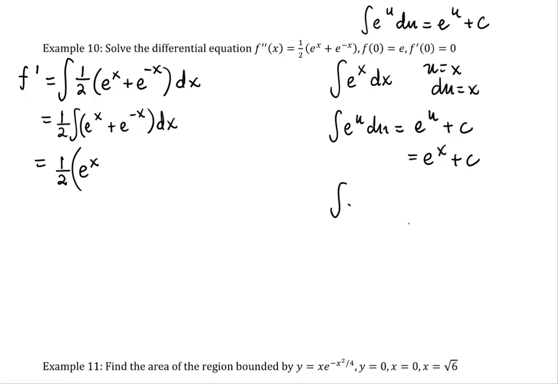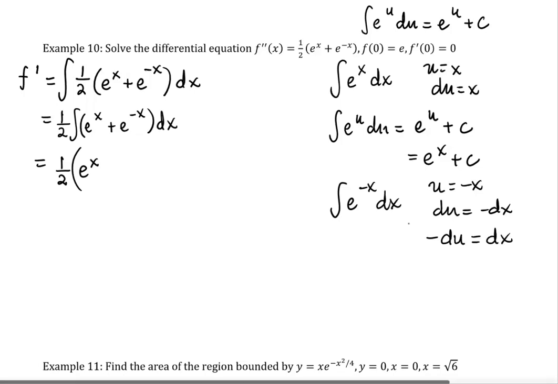Let's look at the integral of e to the negative x dx. In this case, u is negative x, and so du is negative dx. But we don't have that negative in the integral, so I'll multiply both sides of this equation to get that negative du is dx. So when we came over here to do this substitution, we would have the integral of e to the u, but dx would be getting replaced by a negative du.